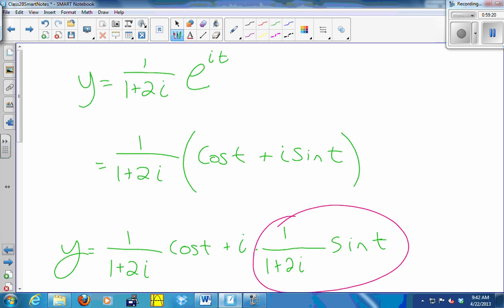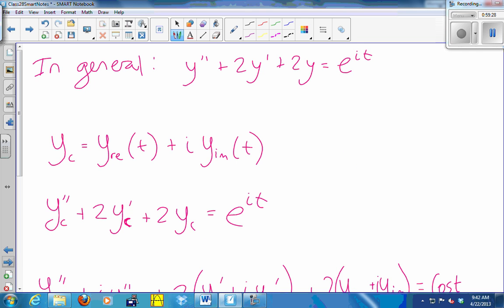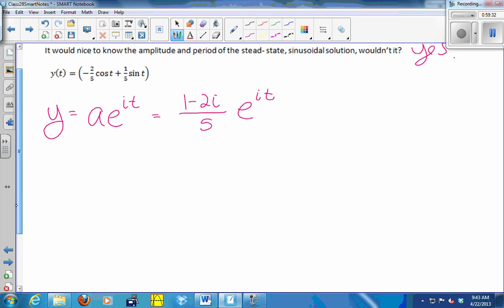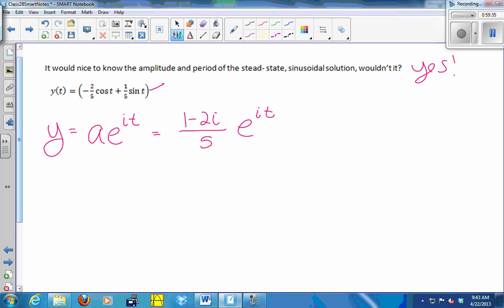And then the 5 came in because when I got rid of the i's in the denominators, right? I'm just converting this to a e to the it, or whatever.